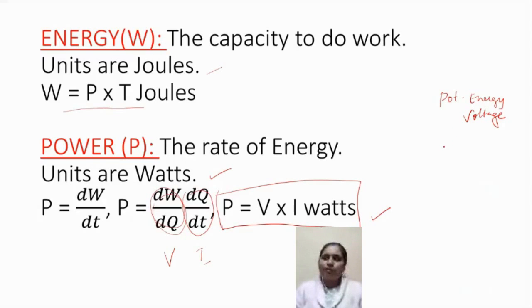What is current? When there is movement of electrons, the current starts flowing. The definition of current is the rate of flow of electrons. Next, what is potential difference? When there is a potential difference between 2 points, that means the 2 points of the voltage source have different values, only then will there be movement of electrons. If the potential difference is zero, there won't be any flow of current.